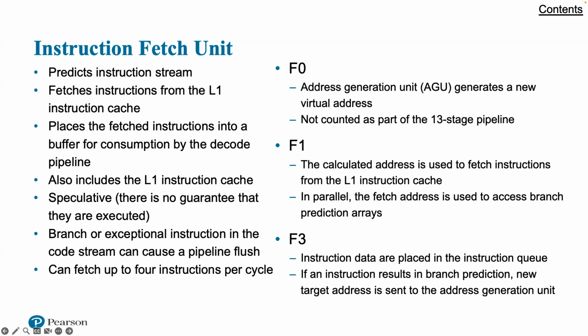If an instruction results in branch prediction, the new target address is sent to the address generation unit. To minimize the branch penalties typically associated with a deeper pipeline, the Cortex-A8 processor implements a two-level global history branch predictor consisting of the branch target buffer, the BTB, and the global history buffer, the GHB.